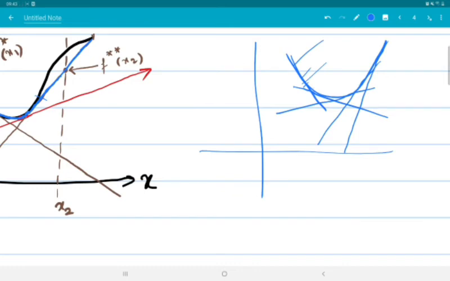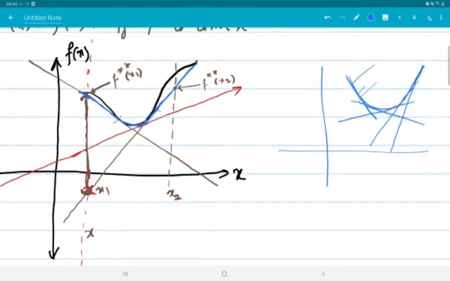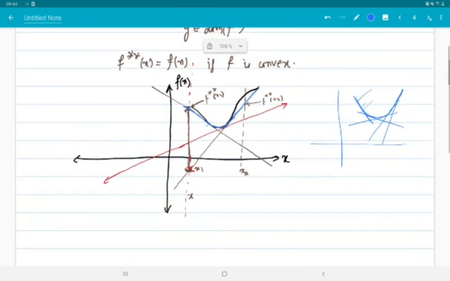So I can get the exact epigraph back from all these hyperplanes, but this cannot be done in the case of a non-convex function. That's why when I have a convex function, my f double star of x is equal to f of x. So that is the intuition.